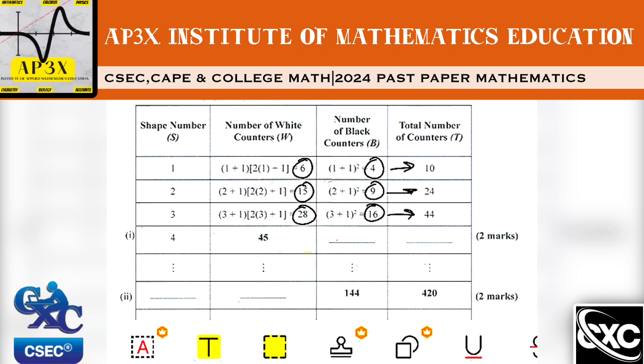All right, so then I know for certain that whatever number goes here is going to be equal to this number here plus this number here. So it looks like the number of white counters plus the number of black counters gives us the total number of counters, which is kind of obvious.